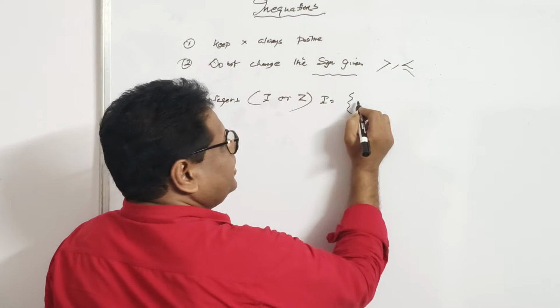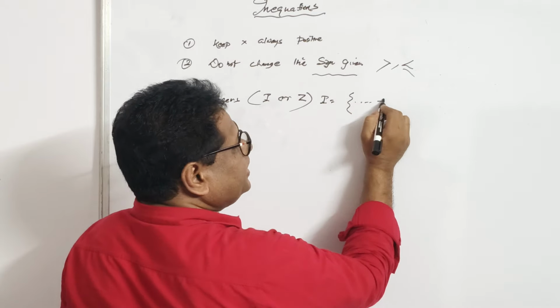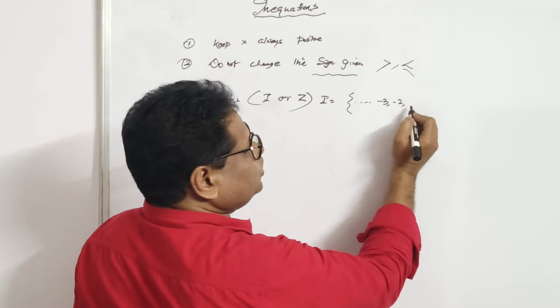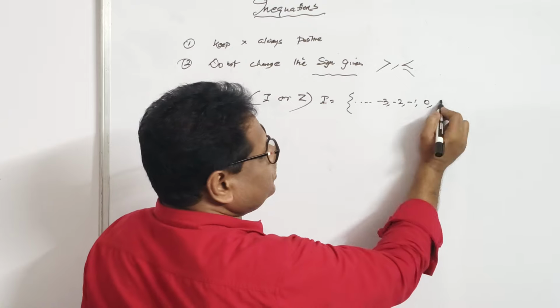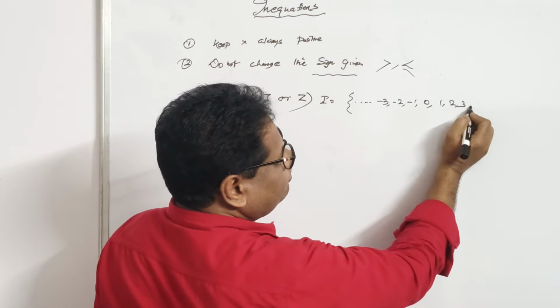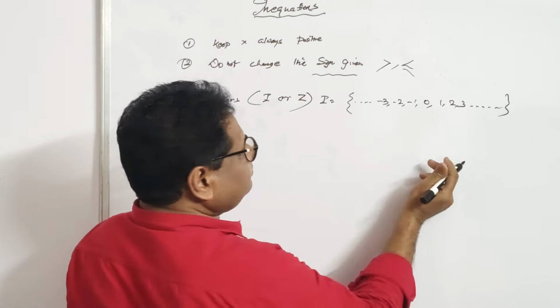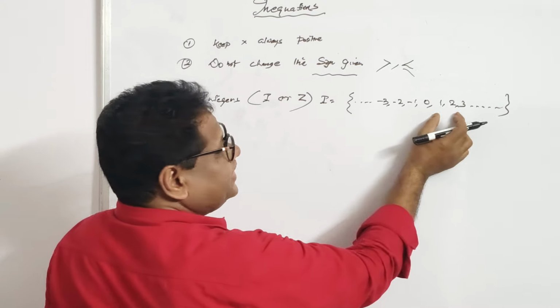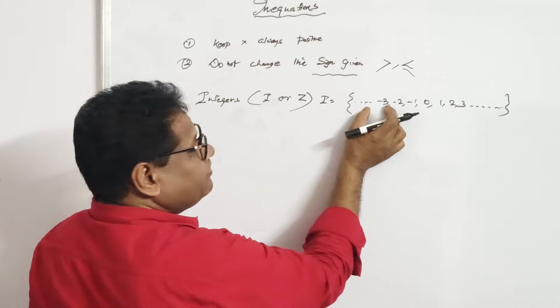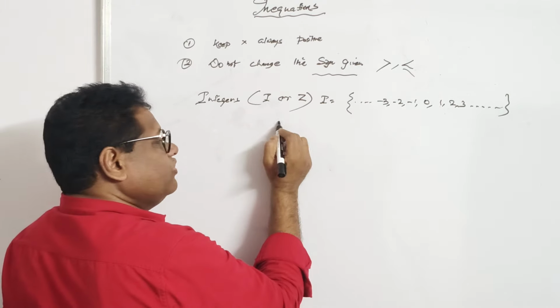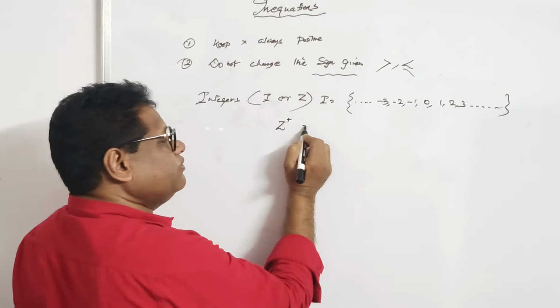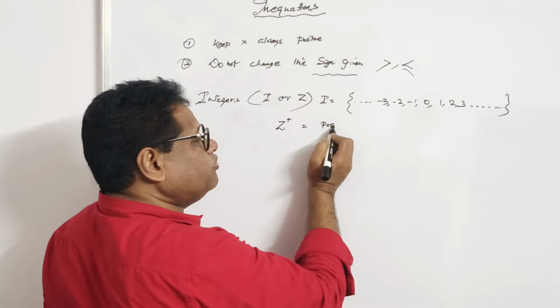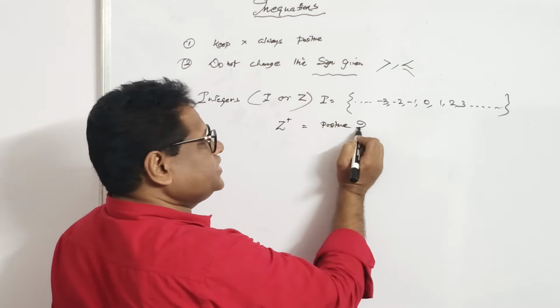Suppose we have dot dot dot, -3, -2, -1, 0, then we have 1, 2, 3, positive dot dot dot. So you can see 0 is the element that connects the set of positive integers and the set of negative integers. When we write Z plus, it indicates positive integers.